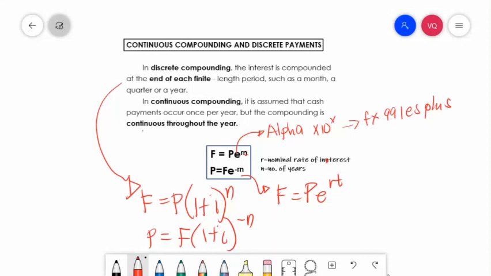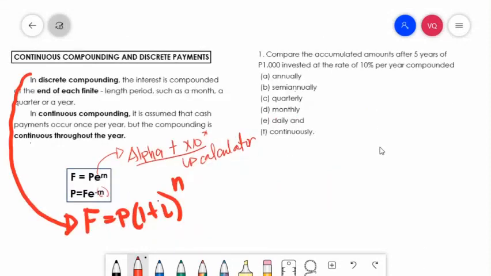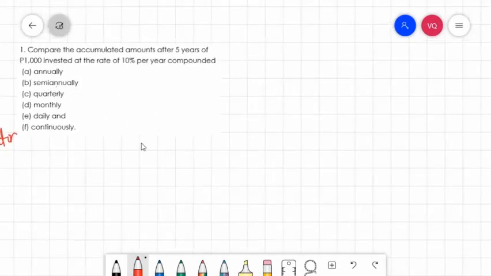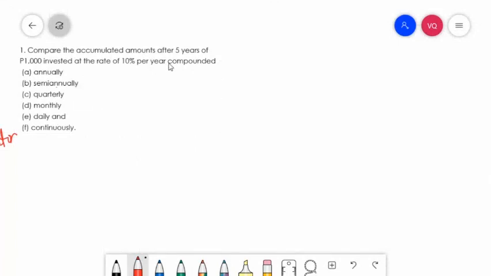We'll have an example. Compare the accumulated amounts after 5 years of 1,000 pesos invested at the rate of 10% per year compounded annually, semi-annually, quarterly, monthly, daily, and continuously. So this from A to E is actually the discrete.